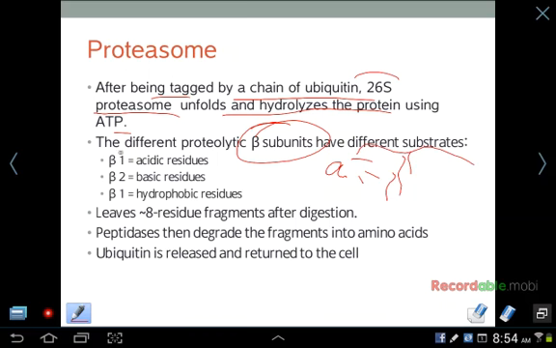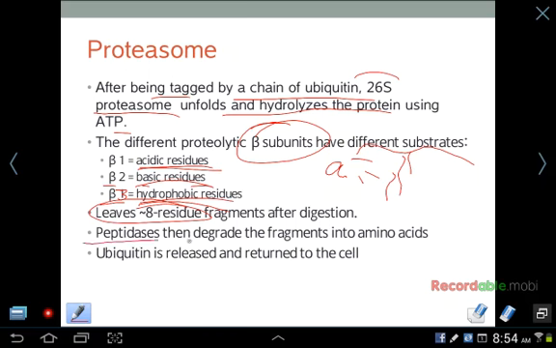So beta 1 cleaves after acidic residues, beta 2 cleaves at basic residues, while beta 3 cleaves at hydrophobic residues. So after the protein has been pulled through the proteasome and cleaved at every acidic, basic, and hydrophobic residue, this leaves on average 8 amino acid length fragments after digestion of a protein.